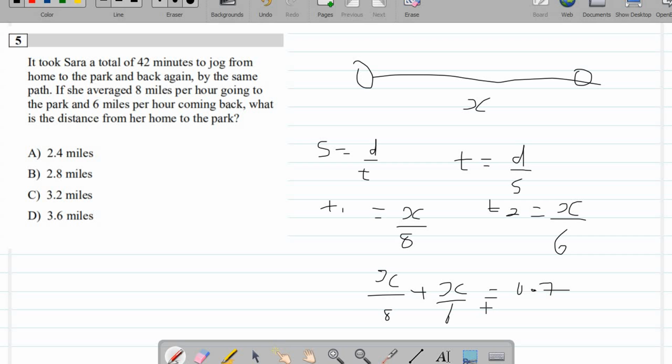Multiply 24 by each of these: 24 times x over 8 gives 3x, plus 4x is equal to 24 times 0.7. That'll give you 16.8. So x will be 16.8 divided by 7, that'll give you 2.4.